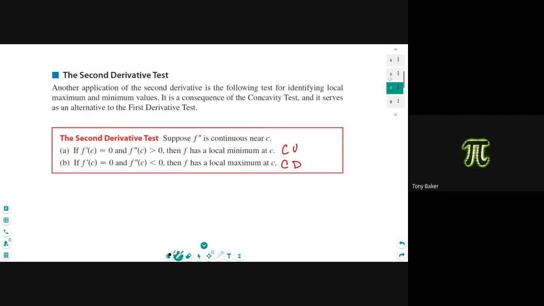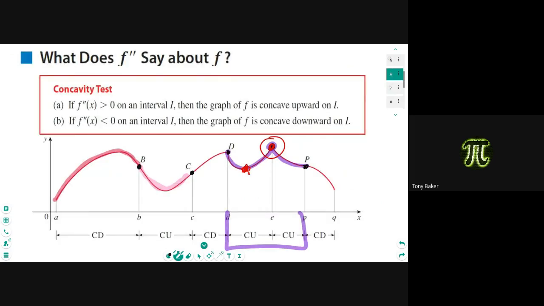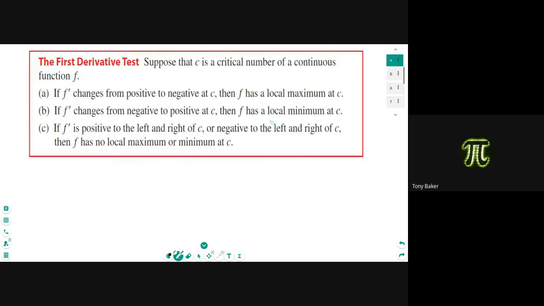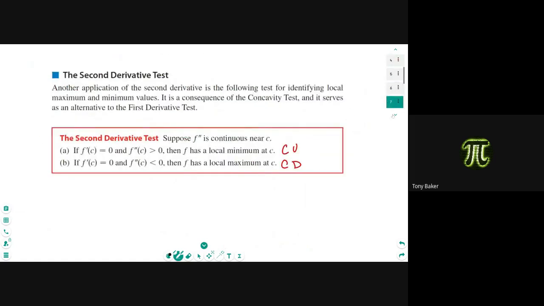That's why both tests are giving you the exact same pieces of information. It's just a matter of which one's easier to work with in that situation. Now, the second derivative does tell me where concavity is. So if it's specifically asking you for concavity, you have to do the second derivative to tell where it's concave up and concave down.